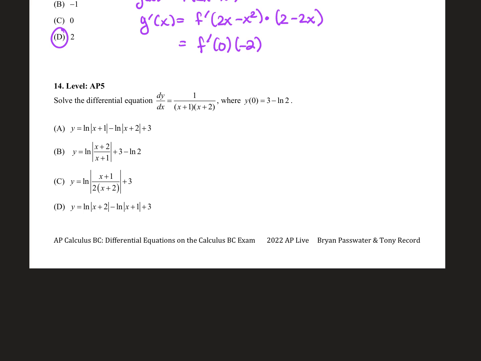Solve this differential equation. Okay, so first thing, this is a pretty bad differential equation because when we separate it, we now have to do partial fraction decomposition. So going up here, we're going to decompose those fractions.